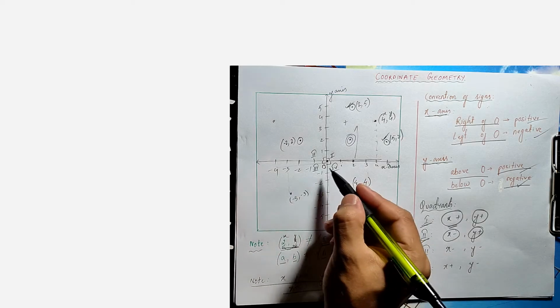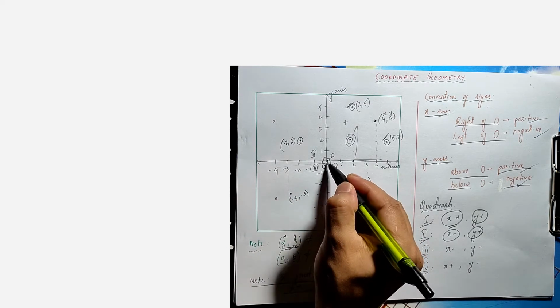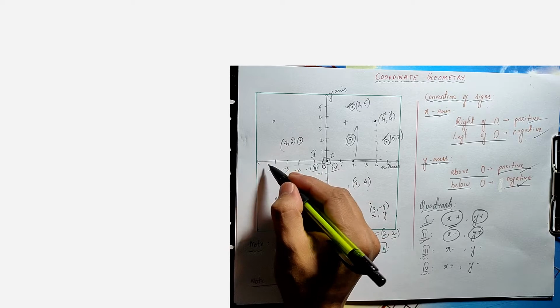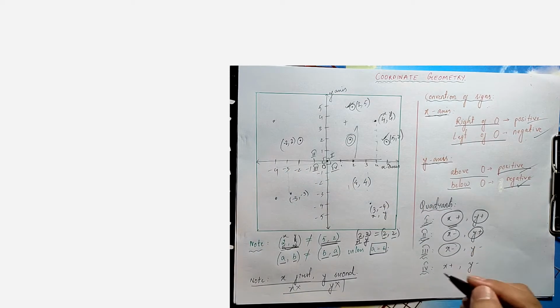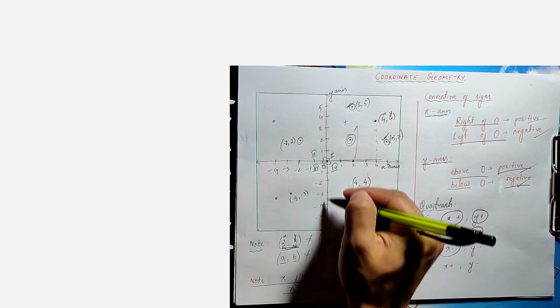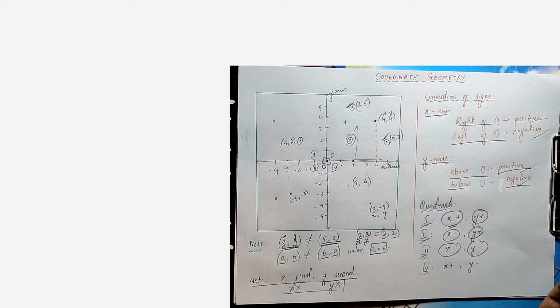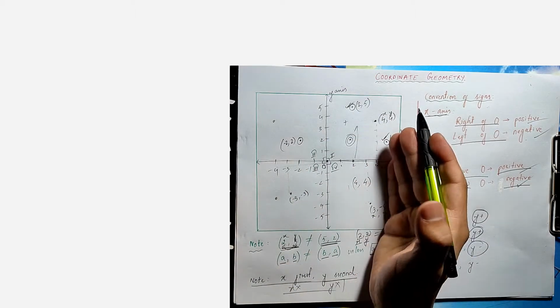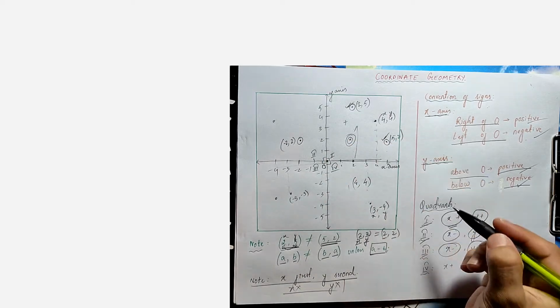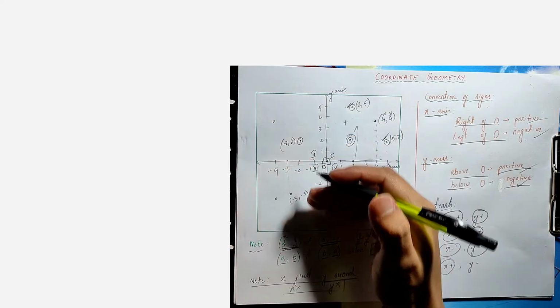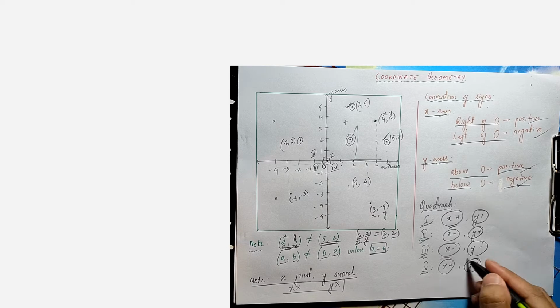For the third quadrant, let's say this point, you have to move this way along the x-axis, that means negative, and along the y-axis downwards, so negative. For the fourth quadrant, for x you have to move this way, so it will become positive, and for y you have to move downwards, so it will become negative.